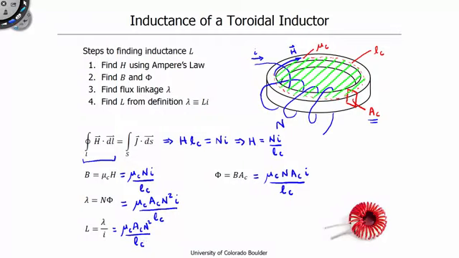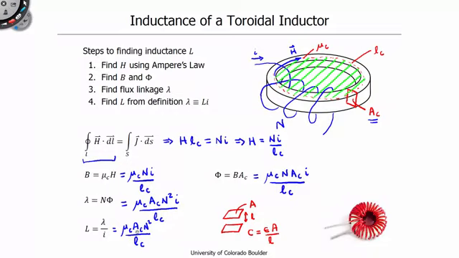So if you recall, the capacitance of a parallel plate capacitor with some plate area A and some distance between the plates L is simply given by epsilon, which is the permittivity of the material between the plates, times the area A divided by that distance L. And if you compare, the formula for inductance is very similar, except epsilon is replaced by mu.